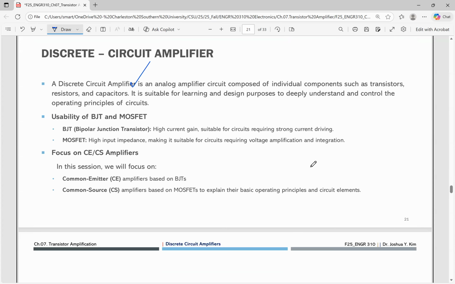In this Chapter 7, we deal with two different types of transistor amplifier circuits. One is the BJT, the other is the MOSFET.